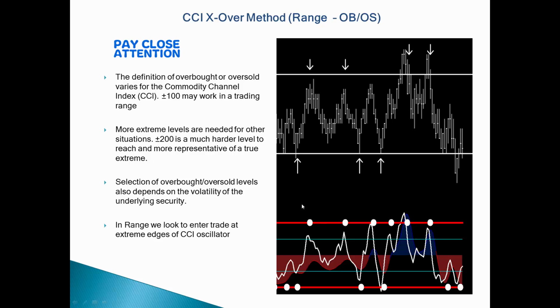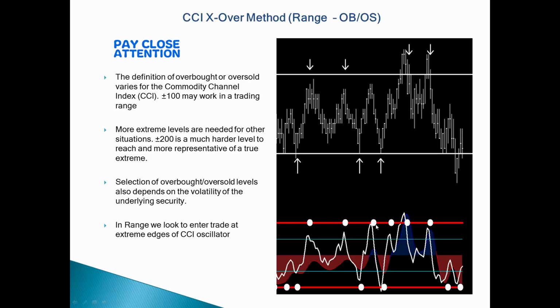But if you've accurately identified the type of condition that price is in, either range or trend, it will determine how you're going to select your trades using the CCI.